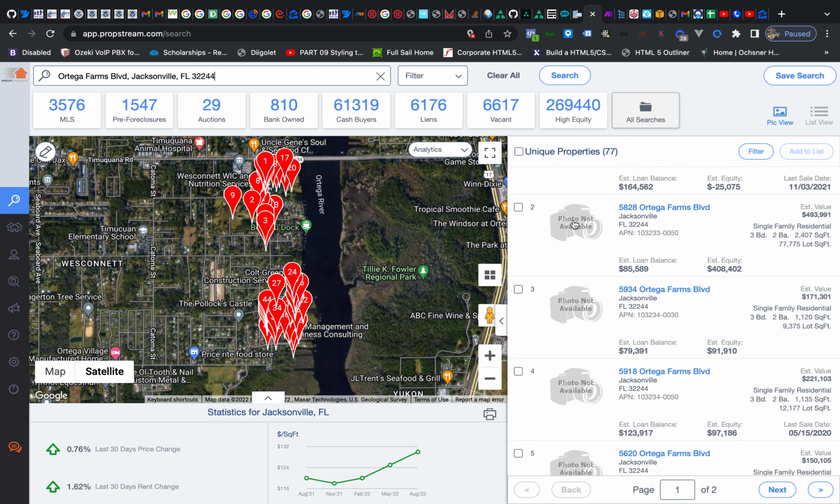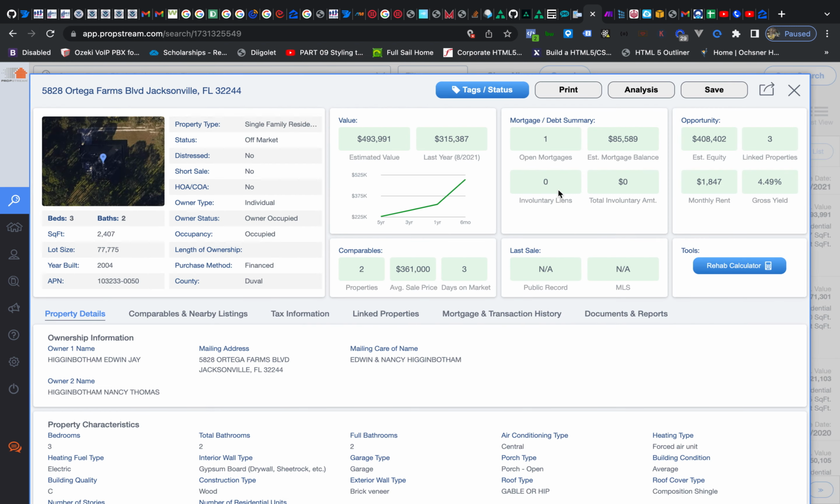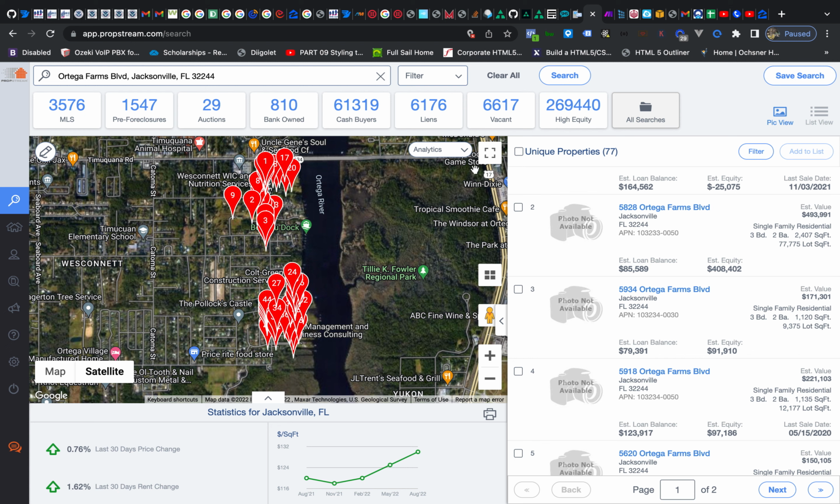So if it doesn't show up, here's what we'll do. Let's click on this one. That one has a property in it.